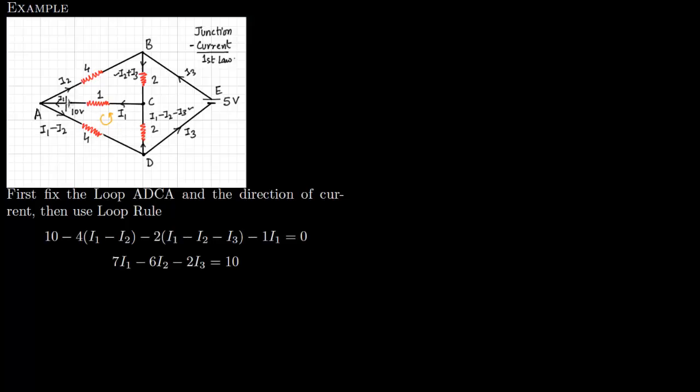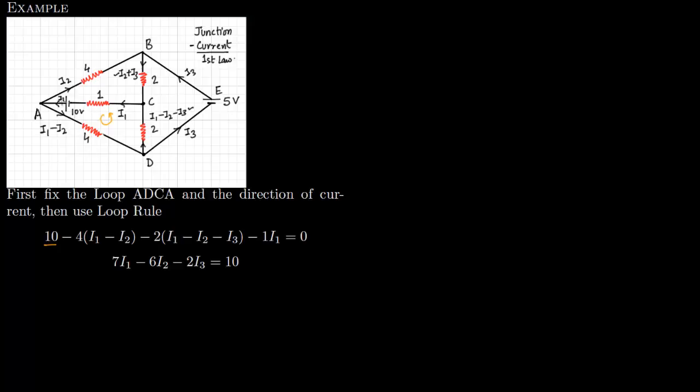Now we come to the first loop, A, D, C, A. So let us mark this loop in the diagram. Say we are going in this direction, A, D, C, A. Let us write this down now. You have the battery first, 10 volt, out of which minus 4(I1 minus I2).